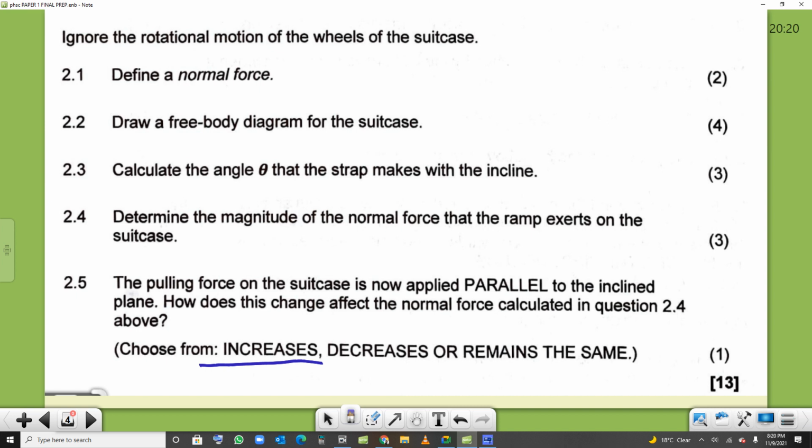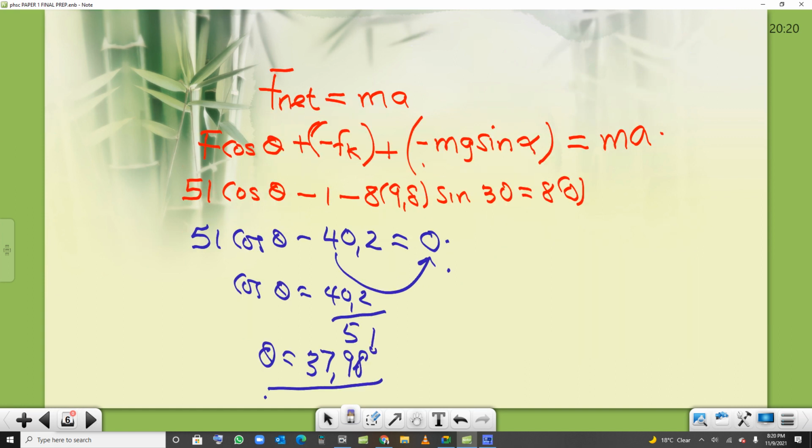Israel, is that okay? So what we did was we made our force to be what? Parallel. Is that fine? Once we got the parallel force, we recalculated our normal force. For some of us that cannot deal with applications, at least you should be able to deal with calculations. All right. And that's it. It will increase. I hope it makes sense.